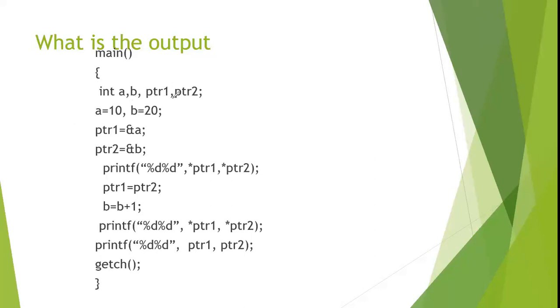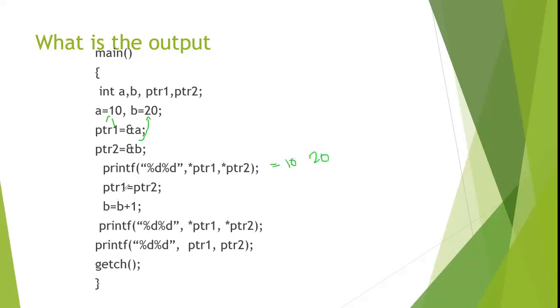A is 10, B is 20. Pointer P1 is pointing to A, pointer P2 is pointing to B. Then I say printf asterisk P1, asterisk P2. In this case, the value will be 10 and 20.